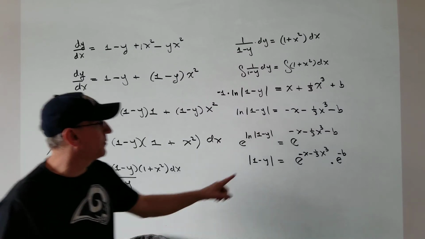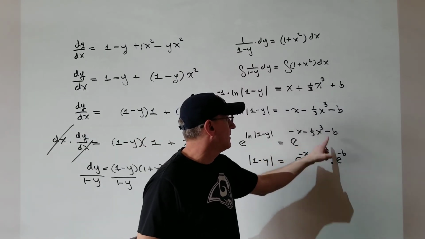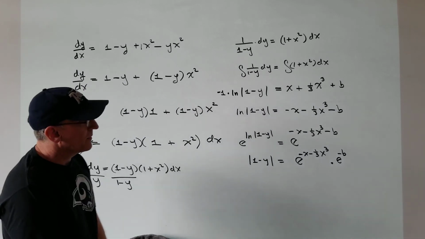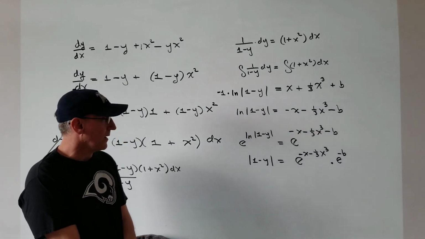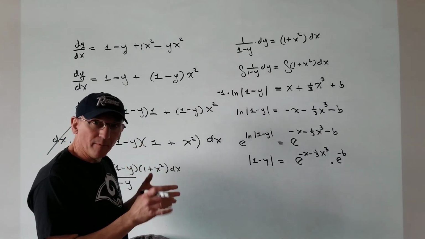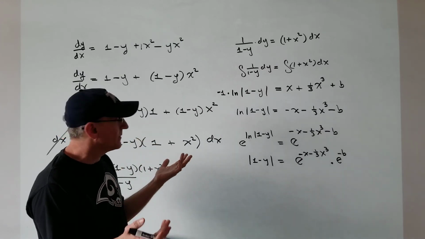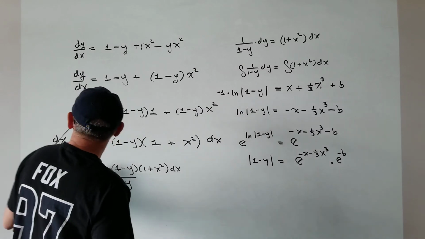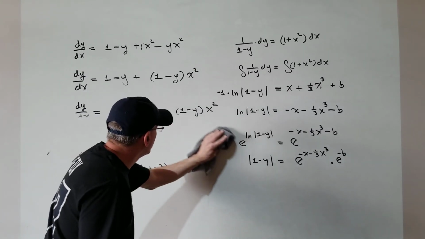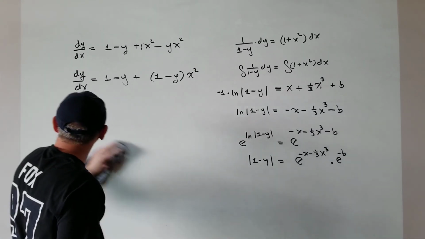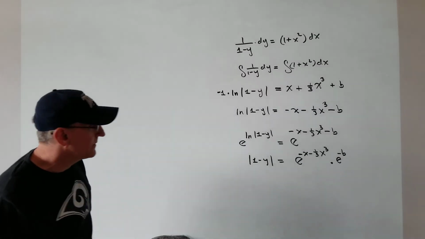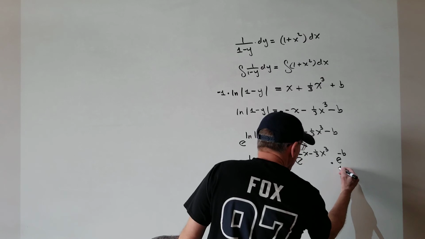In other words, I split this off using a property from algebra where you multiply two powers that have the same base and you can add the exponents together, right, as a single power. That's basically just that property backwards. Okay, we're actually getting pretty close to the end here. What we're going to do is we're going to designate the letter C to represent e to the negative b.